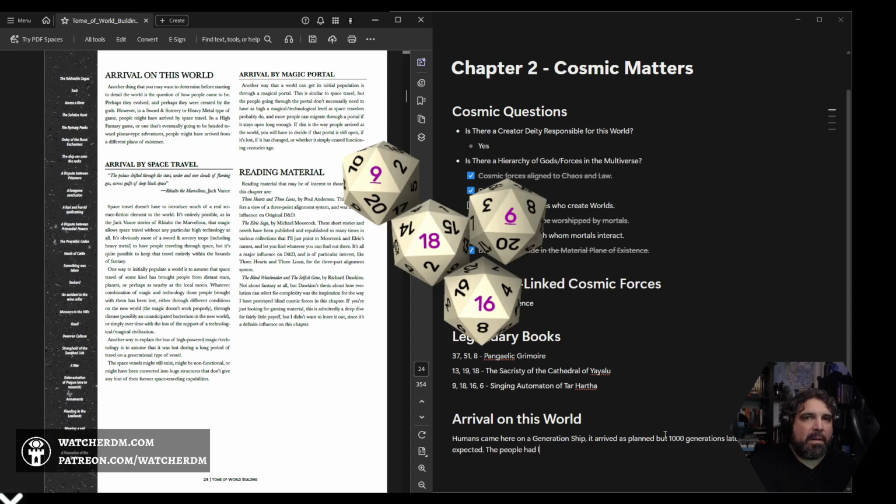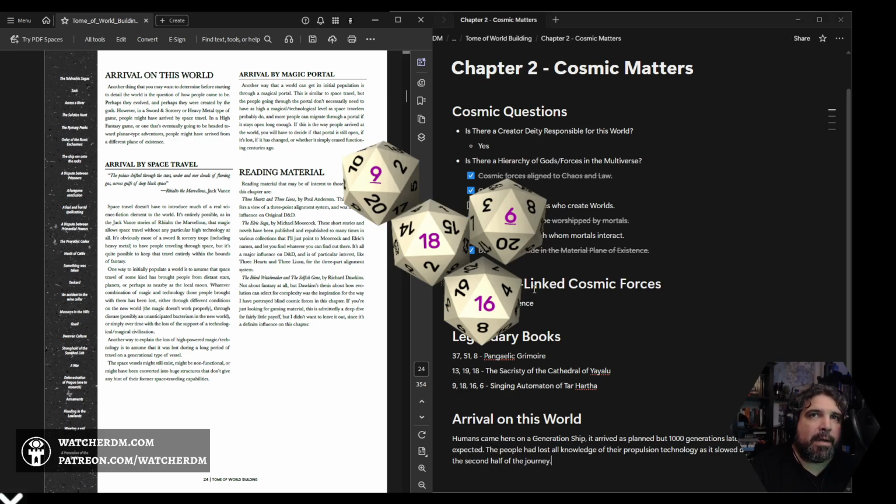The people had lost all knowledge of their propulsion technology as it slowed down for the second half of the journey. Pretty cool. I like that.